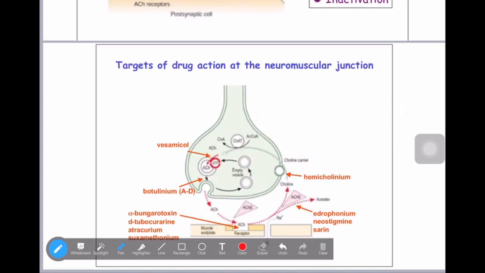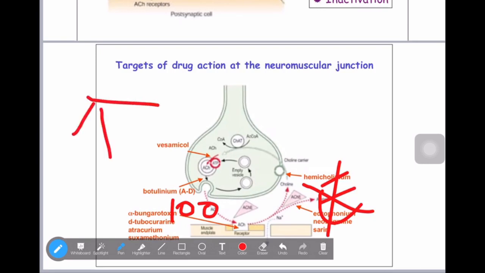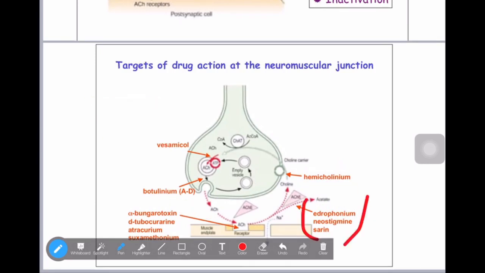But if there is no acetylcholine esterase, then there is no one to control this acetylcholine action. So 100% of the acetylcholine which is made will act on postsynaptic receptors, which will lead to increased activity. Okay, these are the drugs which block acetylcholine esterase: edrophonium, neostigmine and sarin.